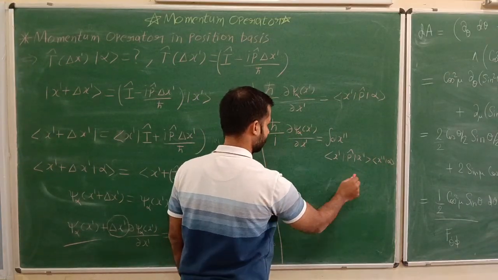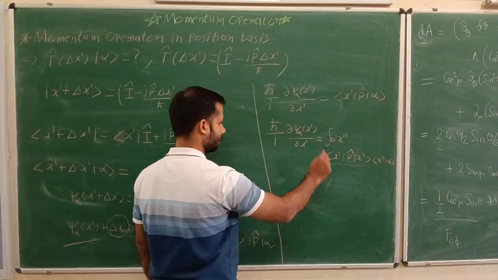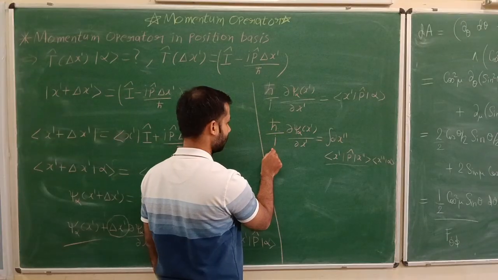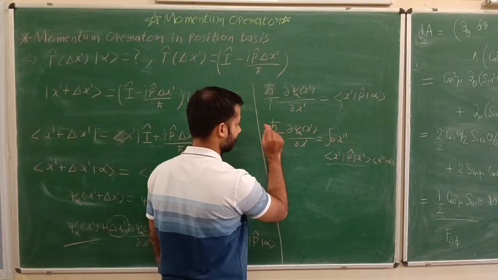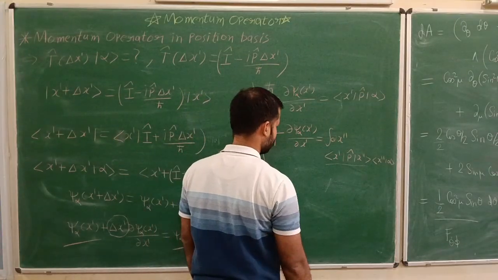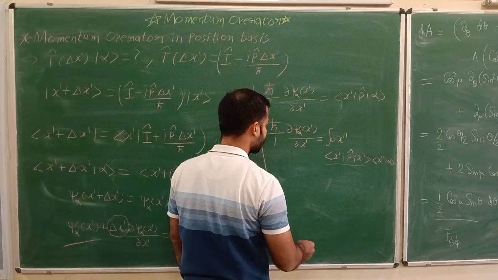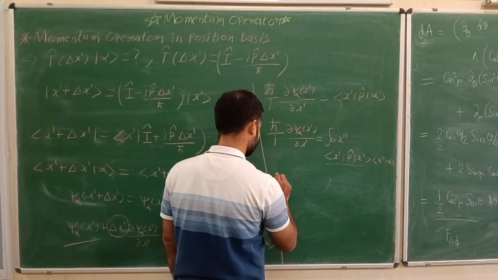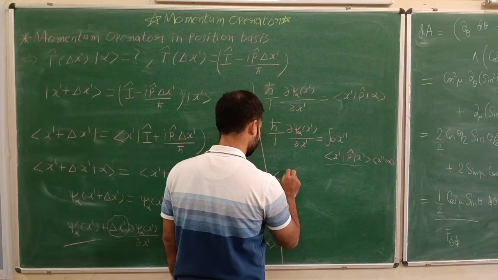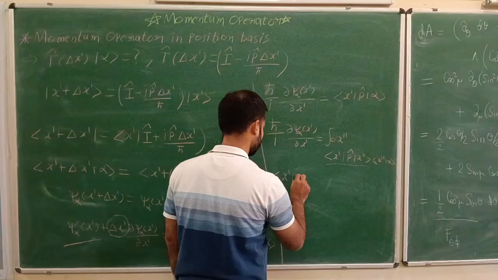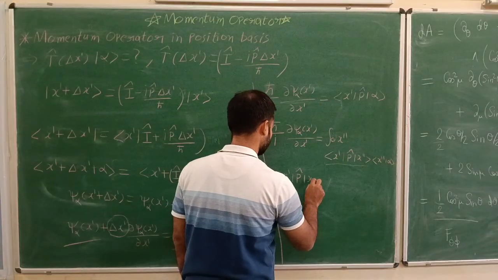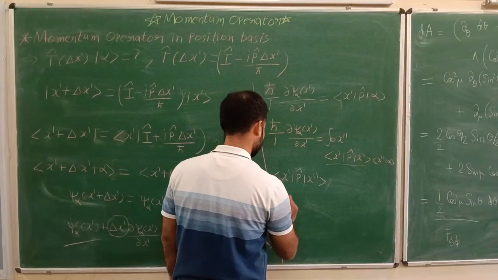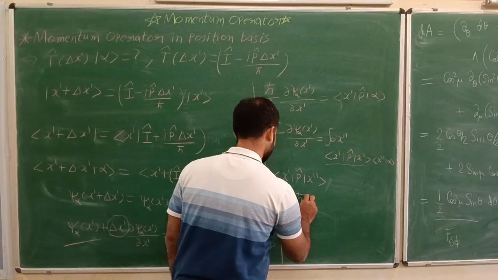So this remaining part must give me something like this, h bar divided by i and a derivative. Okay. So from this I can say that x prime p alpha should be something like this.